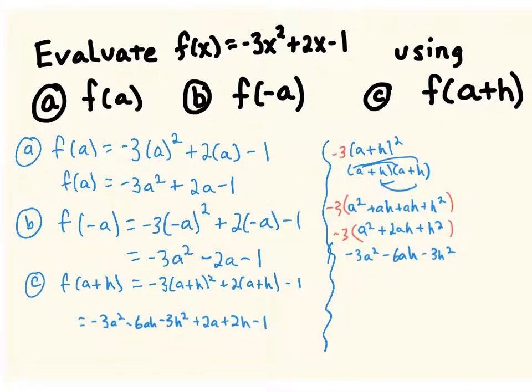So this is the result, and depending on your instructor, there could be other ways to situate these terms in a final answer, but this is the result. However your instructor would ask you to arrange these terms, that is up to them.